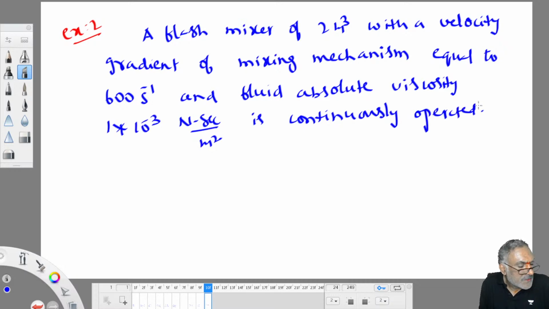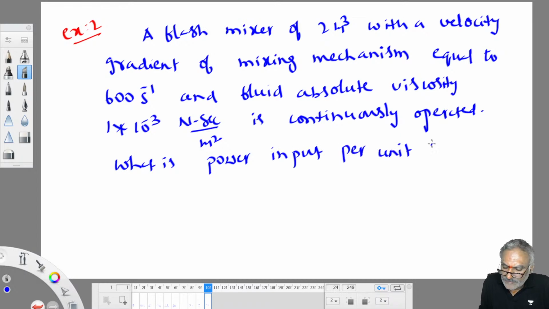What is power input per unit volume? He has given options, but I am not writing options there. Now work out power you have to find out.